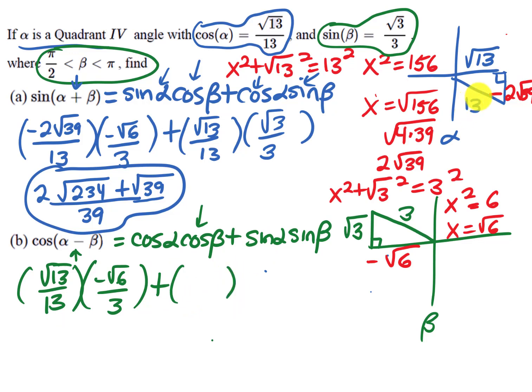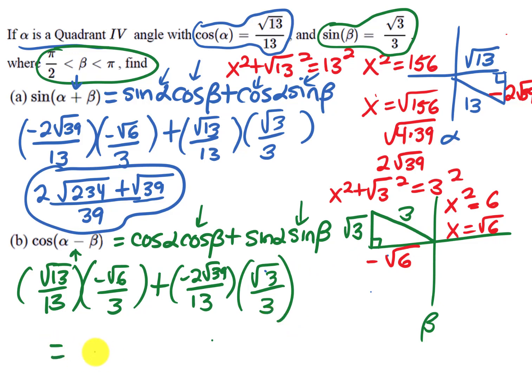Sine is opposite, negative 2 square roots of 39 over hypotenuse 13, and then we need sine beta, and beta opposite square root of 3 over hypotenuse 3. Again, we're going to combine them with a common denominator. It's going to be 39, and the first one's going to be a negative.